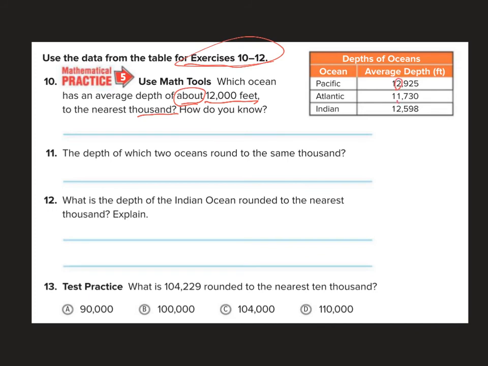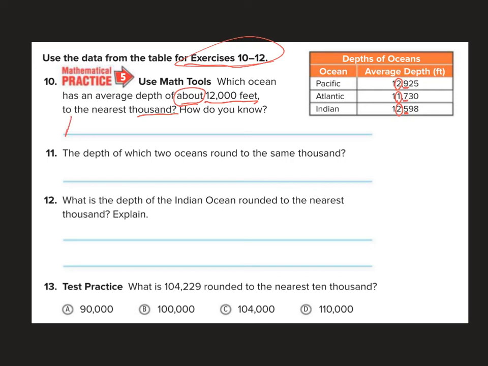Okay, so if I'm looking at these numbers, I know that's going to round to 13,000. That's going to round to 13,000, which leaves this little guy here, which is 11,000. But if you look at that 7, it's going to add 1. So it's going to round to 12,000.